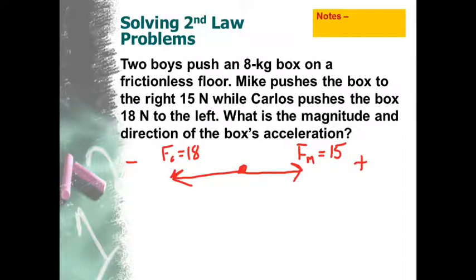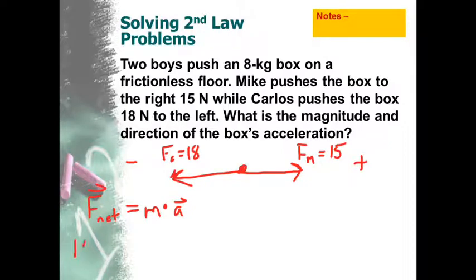Let's go ahead and write Newton's second law, F net equals mass times acceleration. Our net force is going to be 15 newtons plus negative 18 newtons because this is pulling to the left.